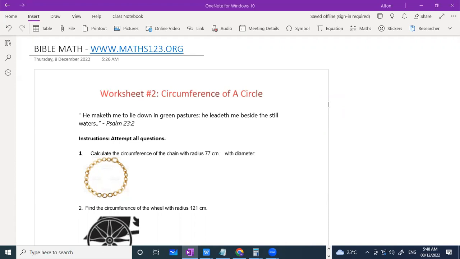And what does the Word of God say in Psalm 23:2? He maketh me to lie down in green pastures. He leadeth me beside the still waters. So that speaks to blessings as well as peace, serenity, stillness.